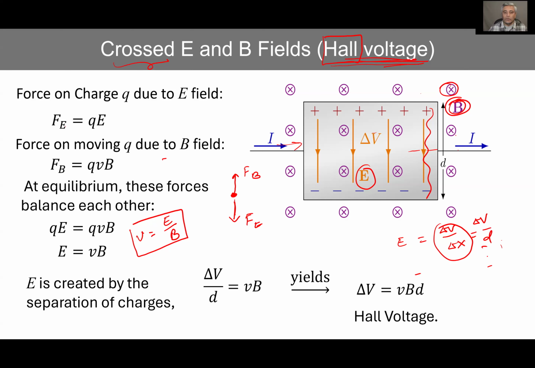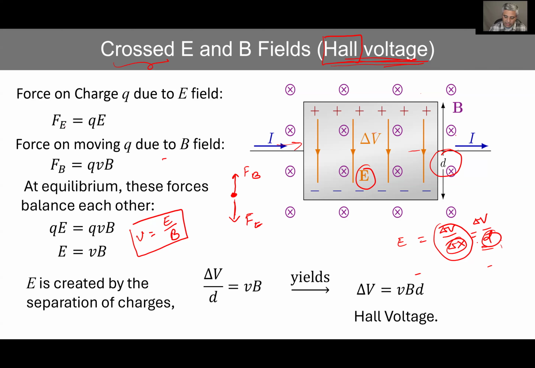If this is a wire, something like this, one side is going to be positive charge, and the other side is going to be negative charge. There is a separation distance between them, which is equal to the diameter of this wire, or whatever distance that is. I am indicating that by writing D over here.